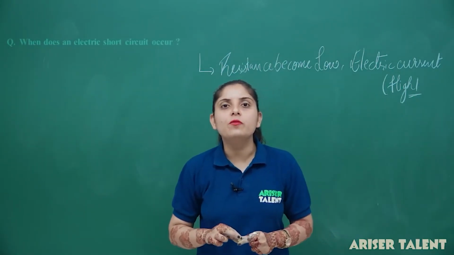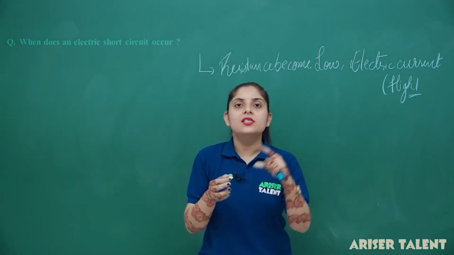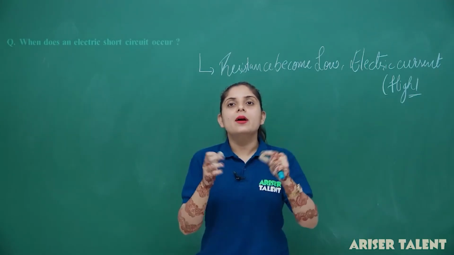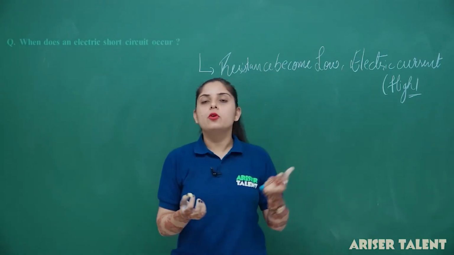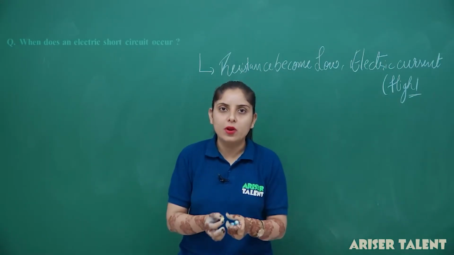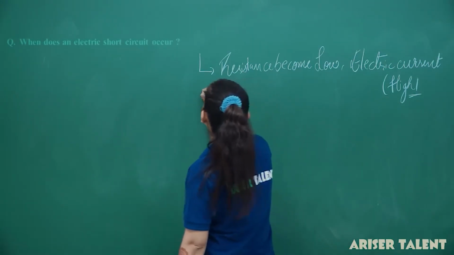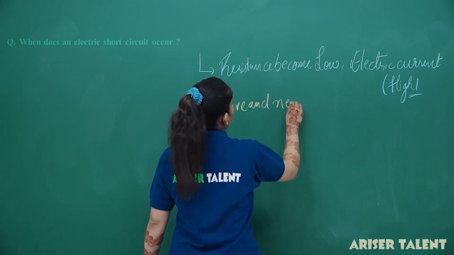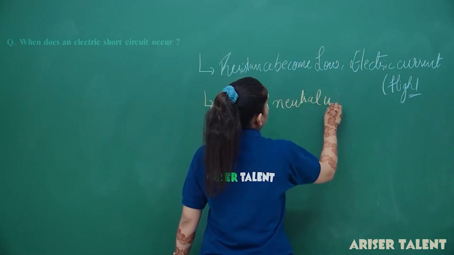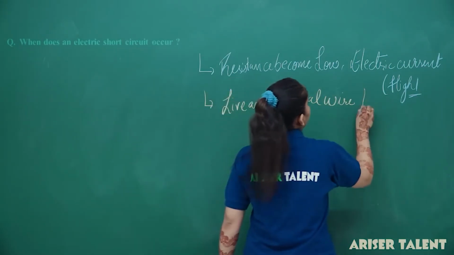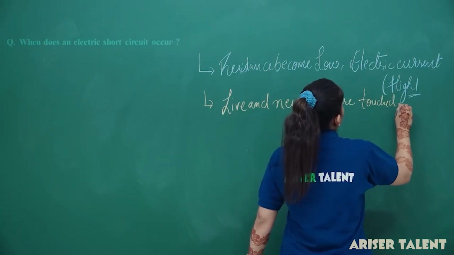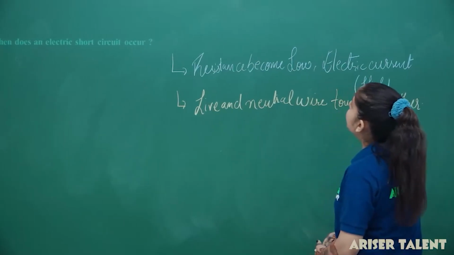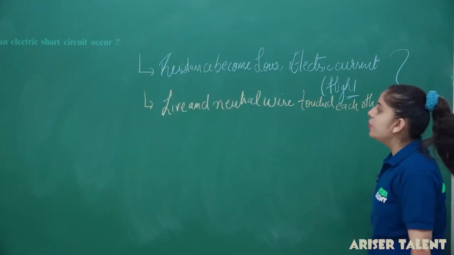In the second case, the short circuit usually occurs when the live and the neutral wires come in contact with each other. If they come in contact with each other, they cause the condition known as the electric short circuit. So the second case is when the live and neutral wire touch each other.